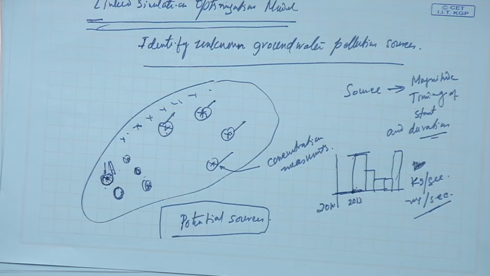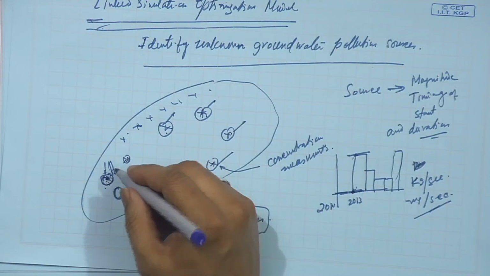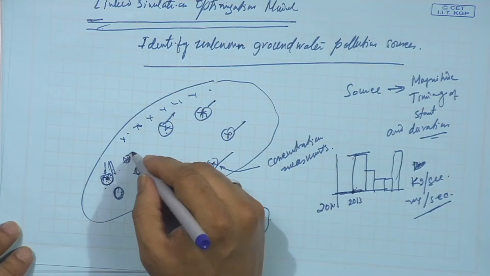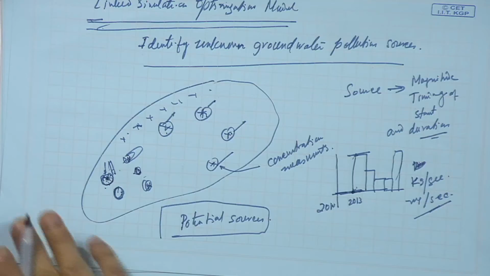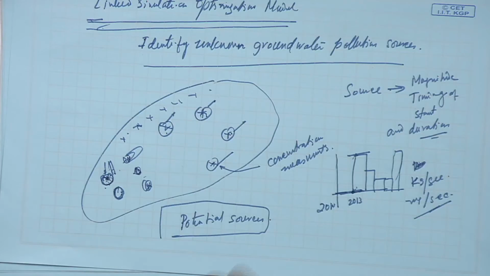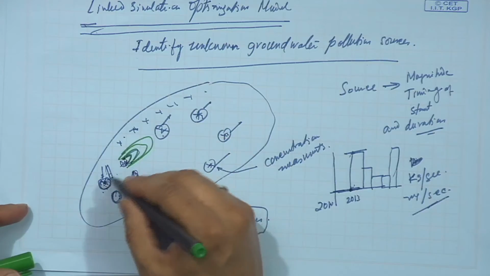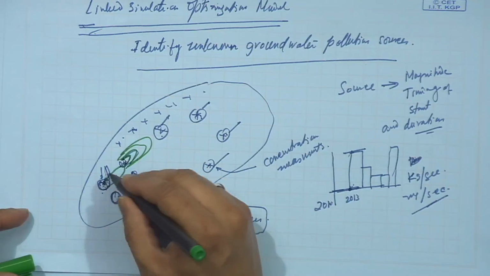Okay. So let's say the problem becomes harder if there are multiple sources and they overlap. From this source maybe the plume will look like this. The concentration plume looks like this from this source, spreading with time, and suppose this one is also active and this one also active, and from this source it is like this.